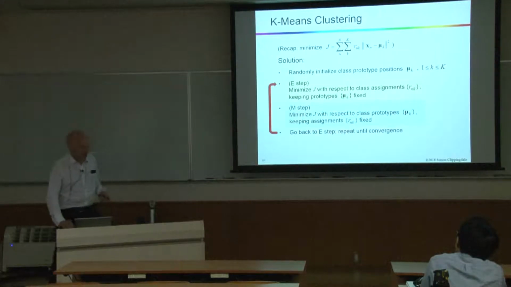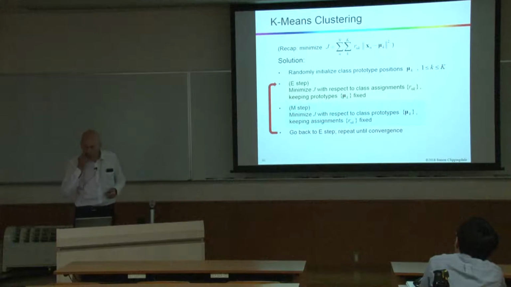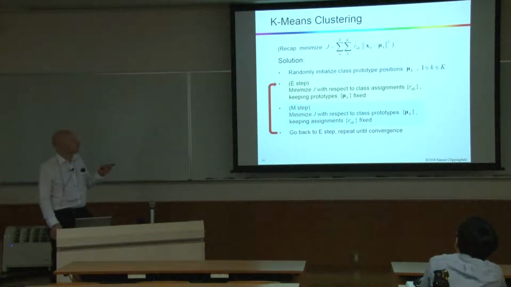Okay, so there's a recap of what we're trying to minimize. And the way the algorithm works is first we initialize the class means randomly. So there are k of them, choose them randomly. Then there are two steps, which I've called E and M because of the analogy with the EM algorithm, which you'll see afterwards.